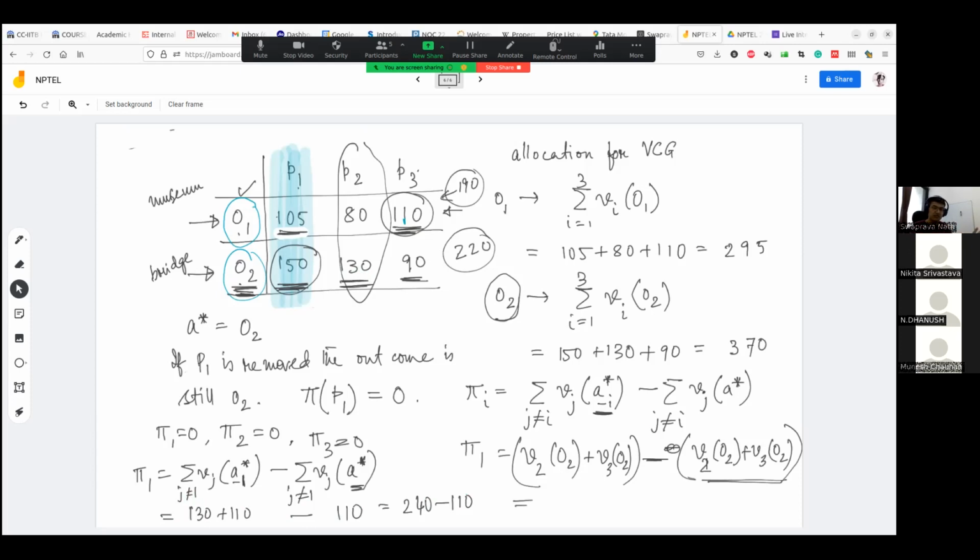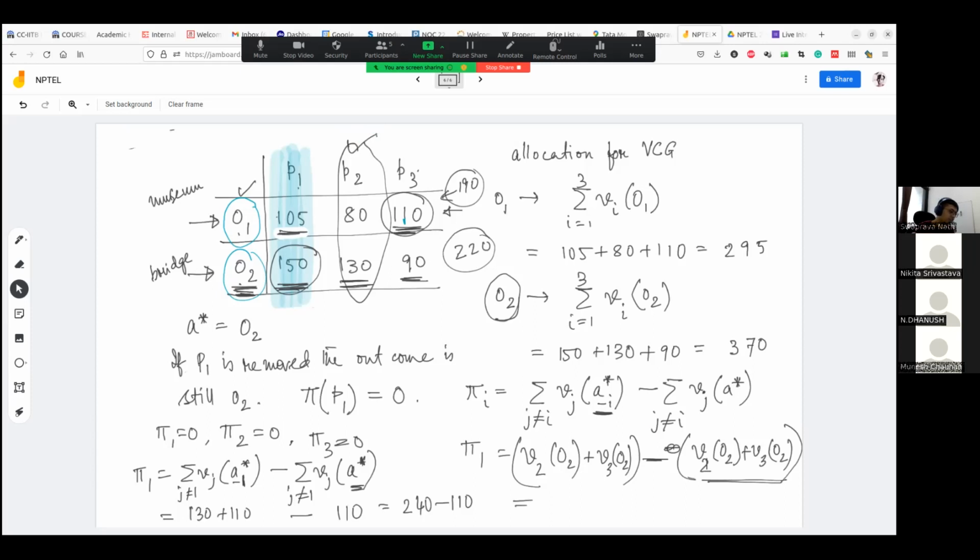Yeah. So the problem description was different, and of course I was misguided. And now you can calculate the rest of the things. Next, if you remove player 2, nothing happens, so we don't really care about player 2.